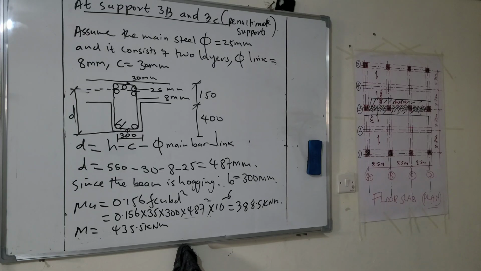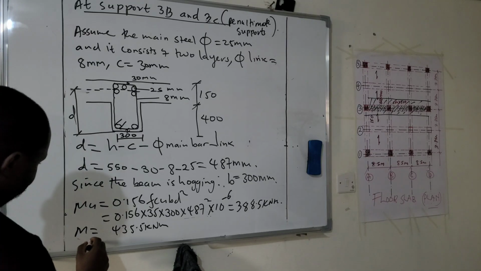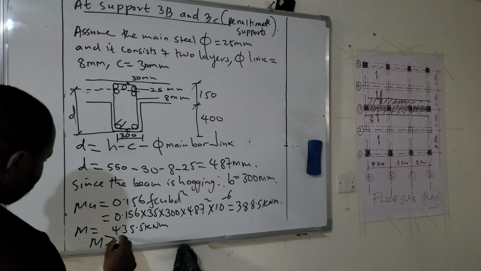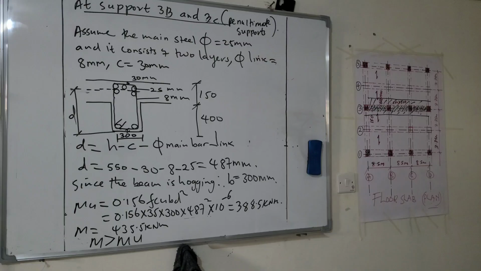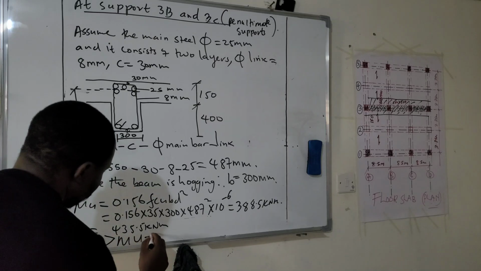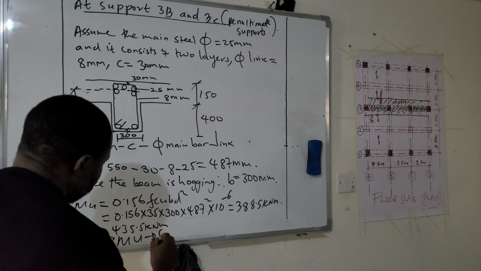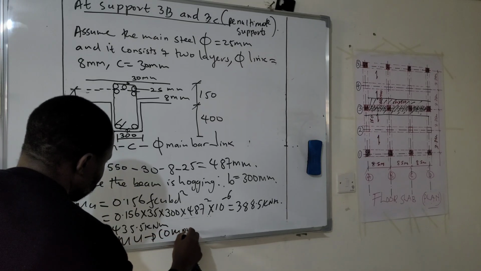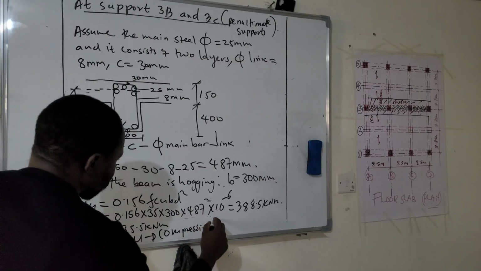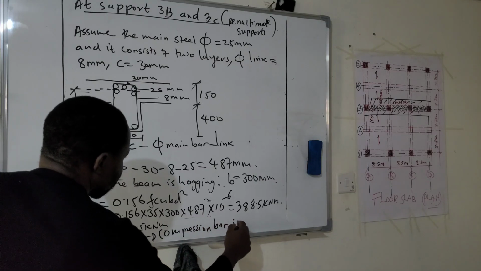So M is greater than Mu. Therefore, compression reinforcement is needed.